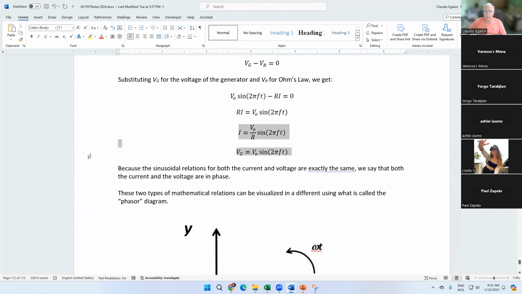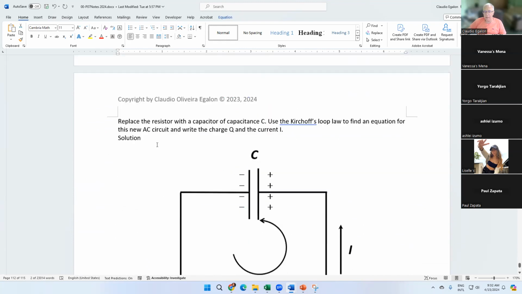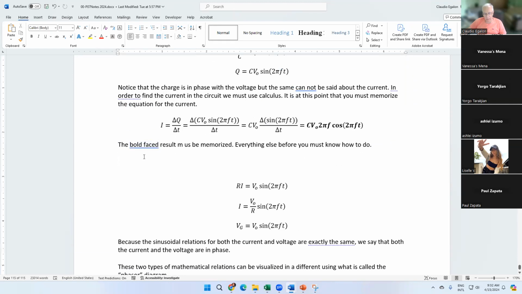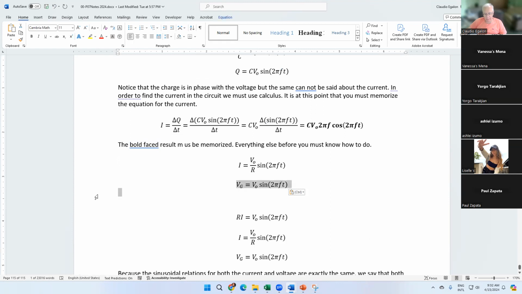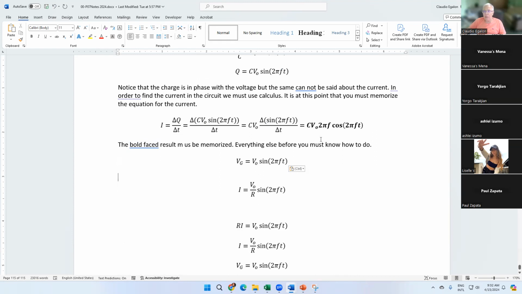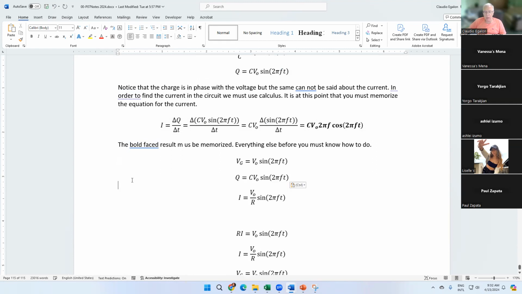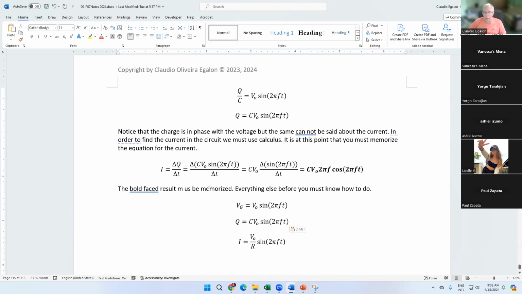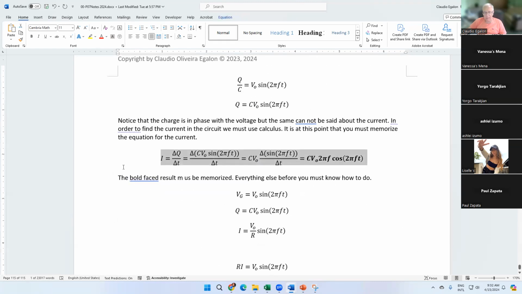Here we have the voltage of the generator, then the charge in the capacitor, how the charge varies. The charge in the capacitor is in phase with the voltage of the generator, but not the current.